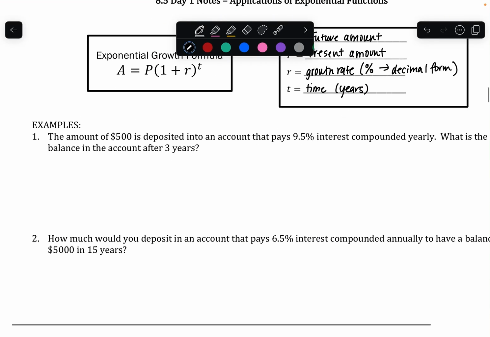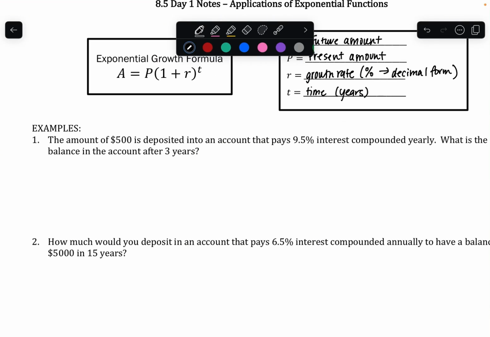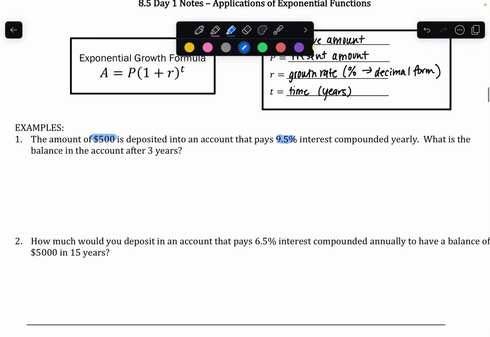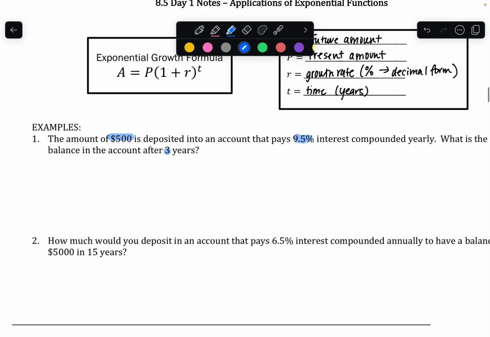Okay, so looking at these first examples, it says the amount of $500 is deposited into an account that pays 9.5% interest compounded yearly. What is the balance after 3 years? Okay, and so our current amount is 500.